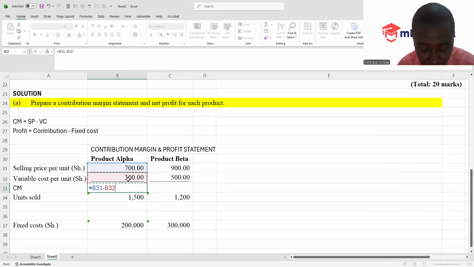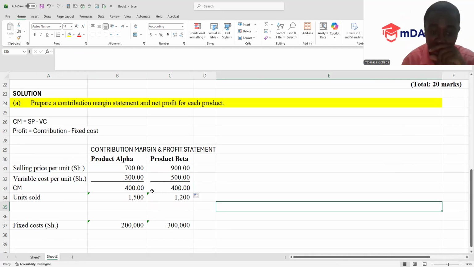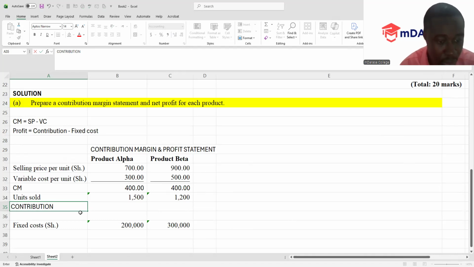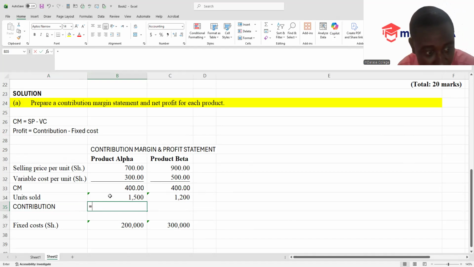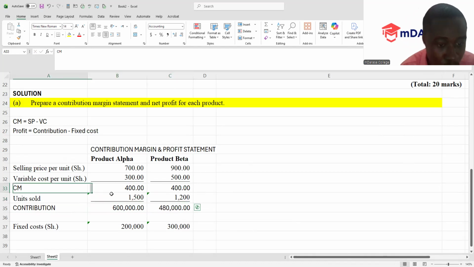This will give us our contribution margin. I drag it at that point. So we have our contribution margin for each product, which will help us to come up with a profit. For contribution, we take contribution margin times the units sold, which I will have at this point. So this is our contribution margin.